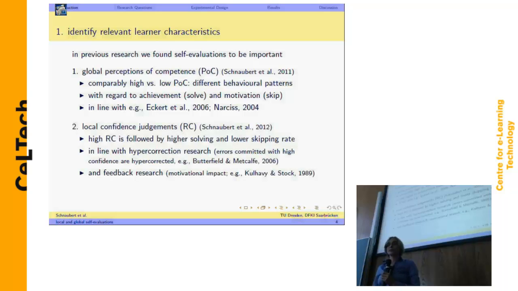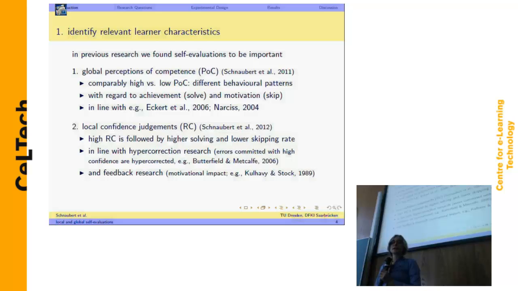Well, we also did find that local confidence judgments have an impact on the following behavior. So students with a high response confidence, if they commit an error with a high confidence in their answer being correct, after they get fed back that their answer was erroneous, they behave differently than those who didn't have a high confidence in their error.